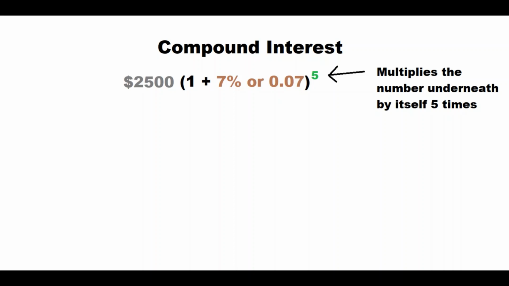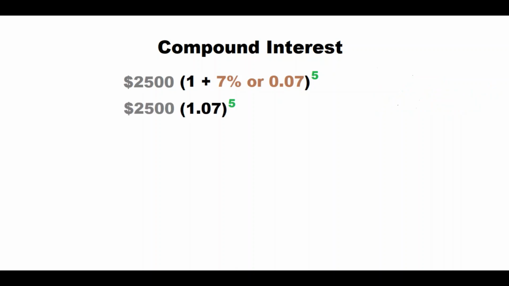So $2,500 in brackets 1.07 out bracket, and above that it's to the power of 5. Now we're going to put that all together, 2,500, and in brackets, well, just times by now 1.4025 something else. It doesn't really matter, you can round it off.